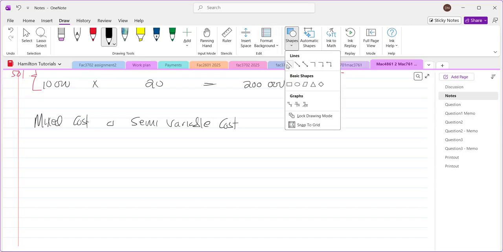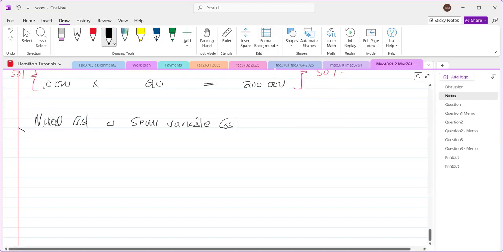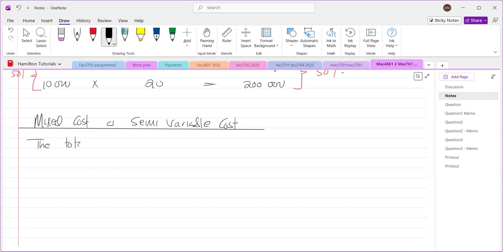Right, so when you talk about mixed or semi-variable costs, we are saying the total of the costs contains a variable total portion, or a variable total plus a fixed total.